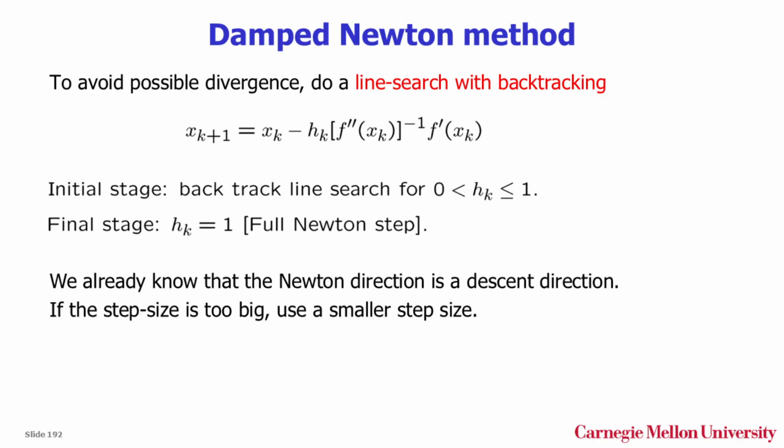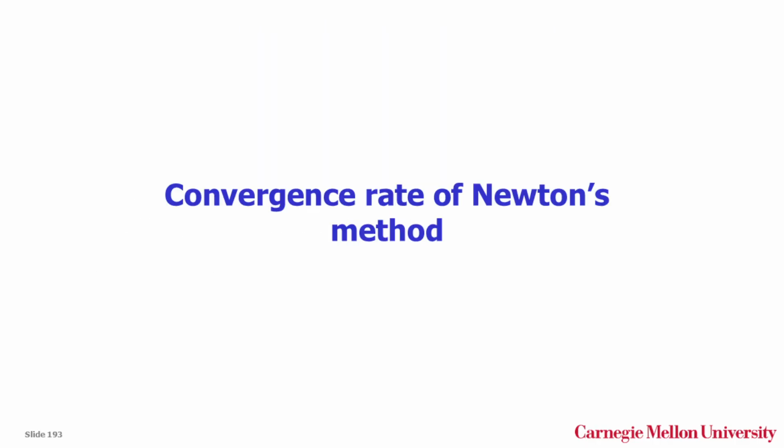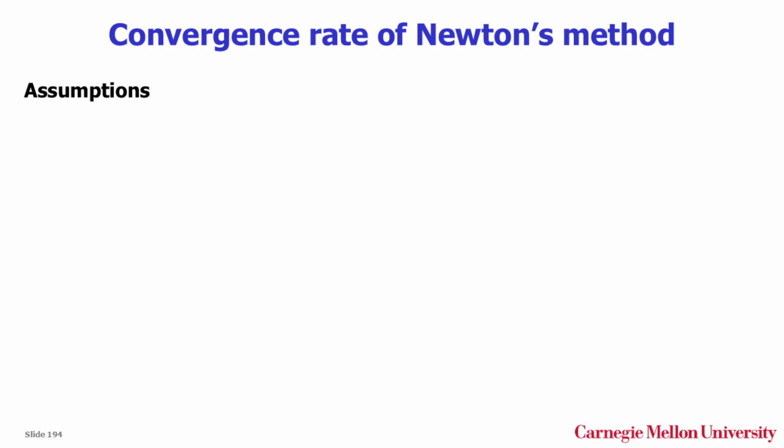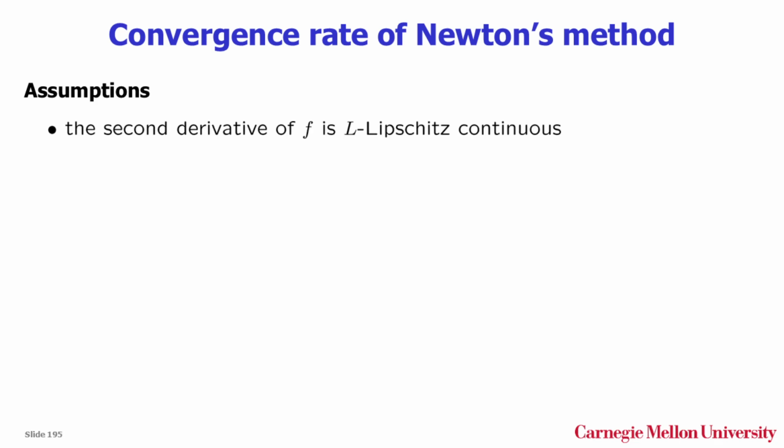Finally, we will discuss a theorem that, under certain conditions, guarantees the convergence of Newton's method in finite dimensional vector spaces. We make the following assumptions. We assume that the second derivative of function f is Lipschitz continuous with a capital L Lipschitz constant. We also assume that x star is a local minimum of function f.